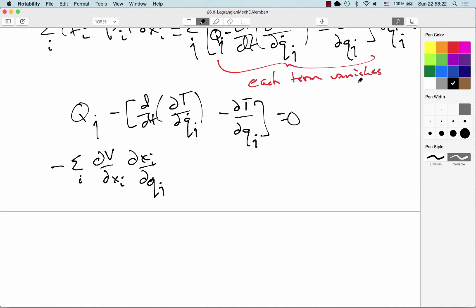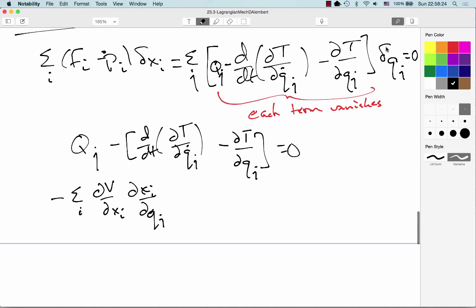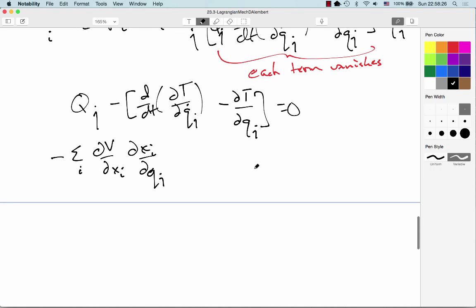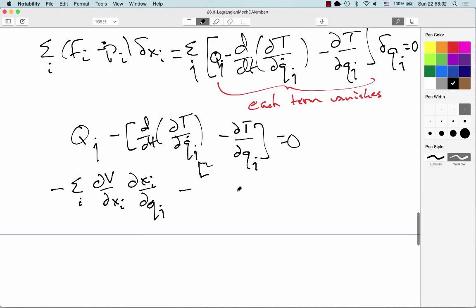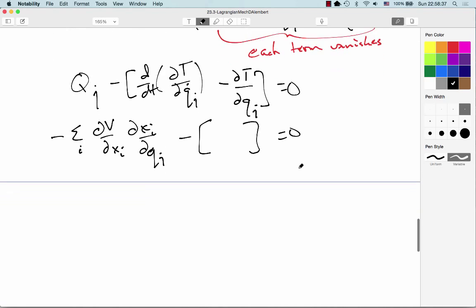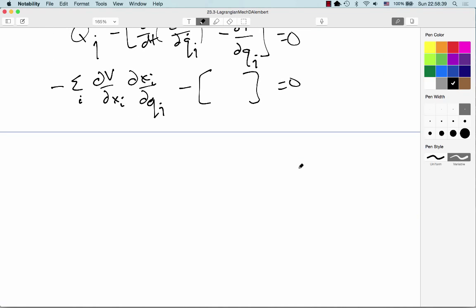And we would have had a virtual displacement there to get the rest of it to work out. Okay, so minus the stuff in the brackets is still 0, right? Well, that's all good.